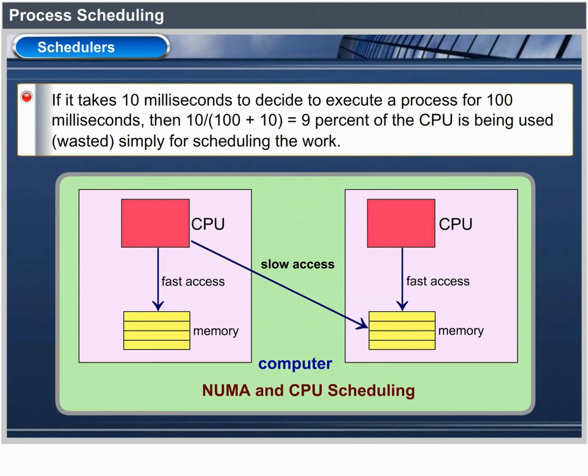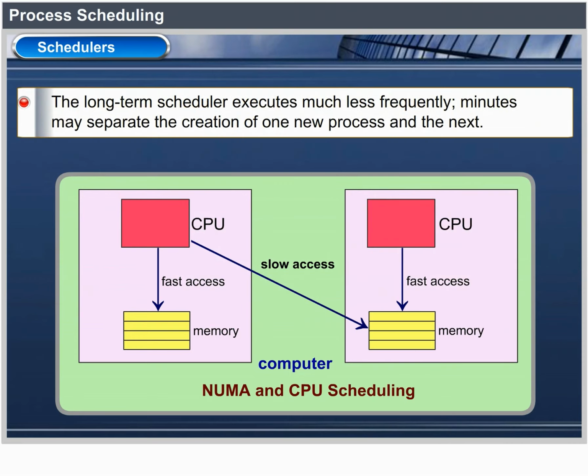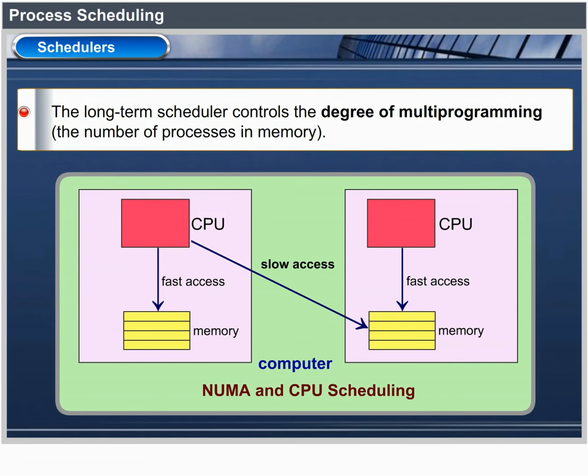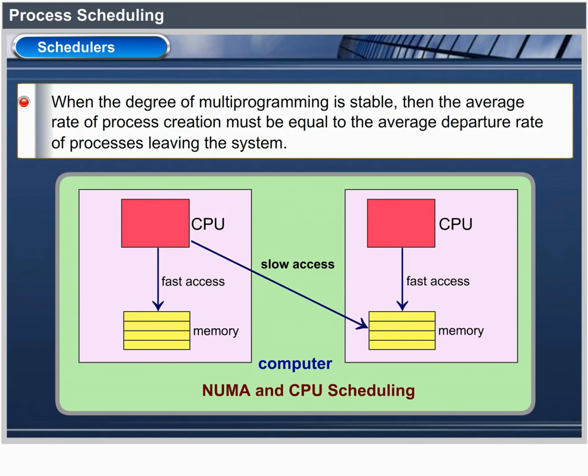The long-term scheduler executes much less frequently. Minutes may separate the creation of one new process and the next. The long-term scheduler controls the degree of multiprogramming, the number of processes in memory. If the degree of multiprogramming is stable, then the average rate of process creation must be equal to the average departure rate of processes leaving the system.